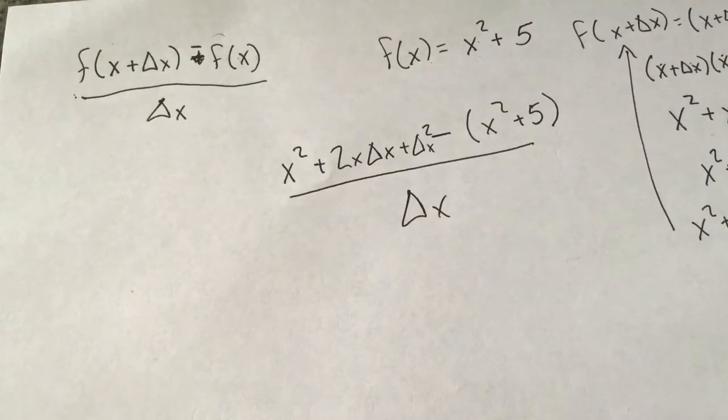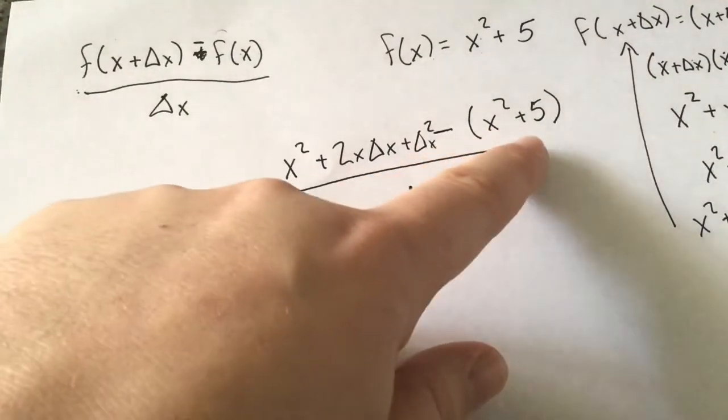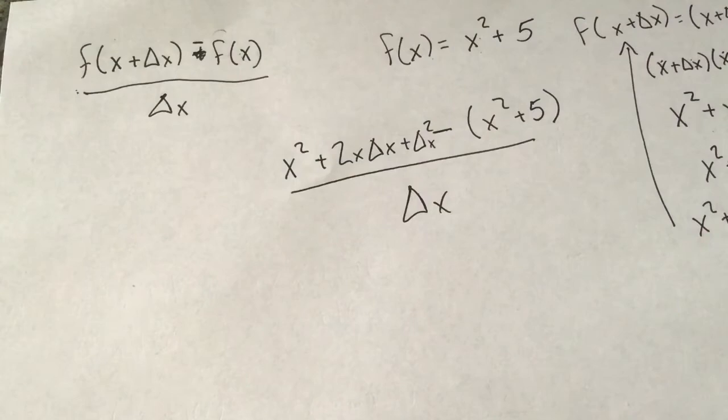Now one thing we want to keep in mind is that we're subtracting this entire quantity, right? We're subtracting x squared and the 5. So what's going to happen there is we're actually going to distribute that negative. That happens anytime we're subtracting an entire quantity or an entire binomial or even an entire polynomial.